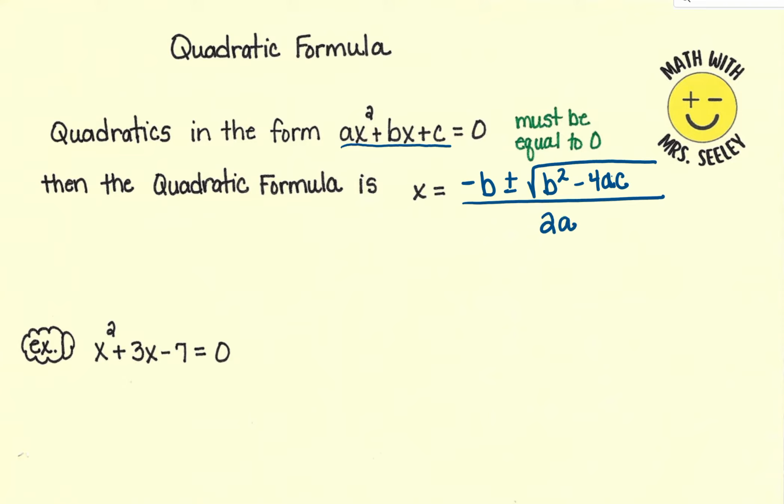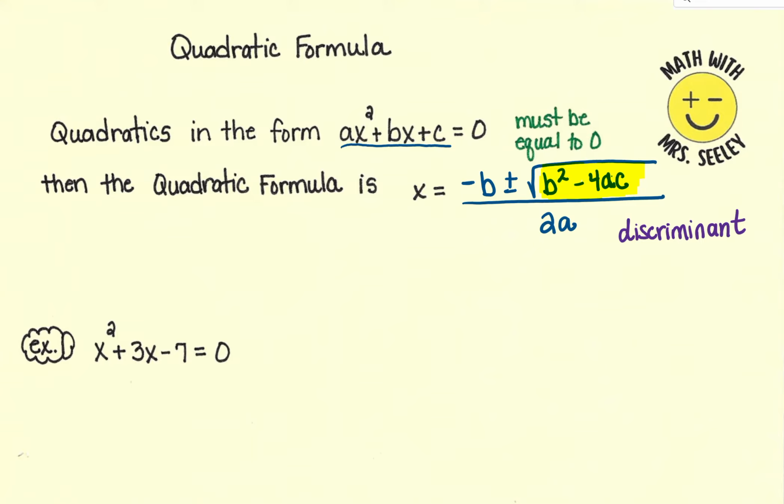This expression under the square root, the b squared minus 4ac, is called the discriminant. The discriminant is going to tell you what types of solutions you have. It's also going to determine the unique way that each problem is solved. So let's take a look at the first one.